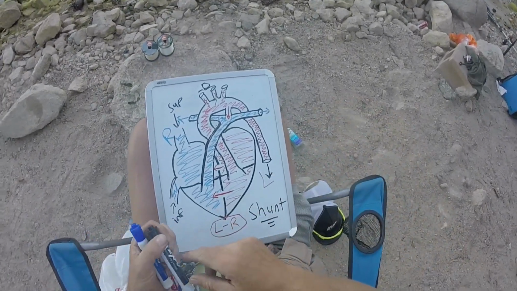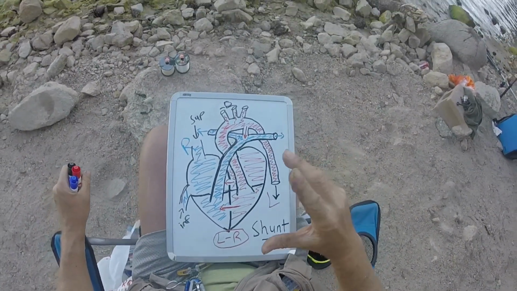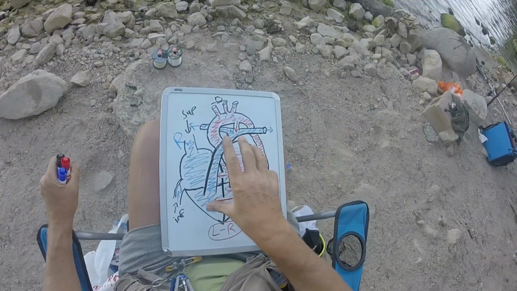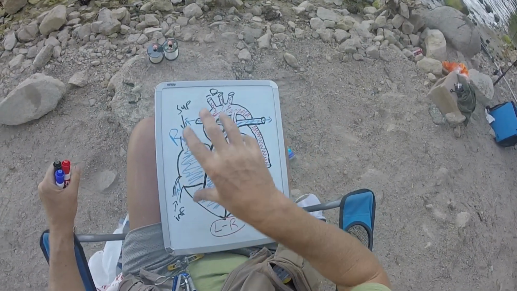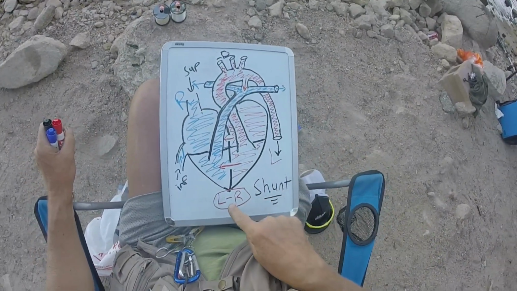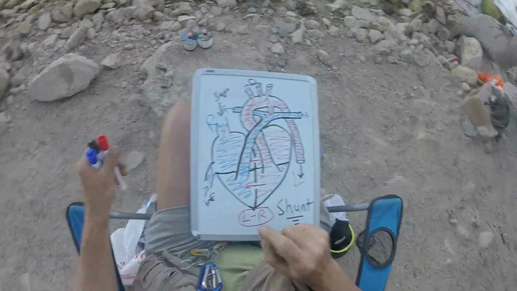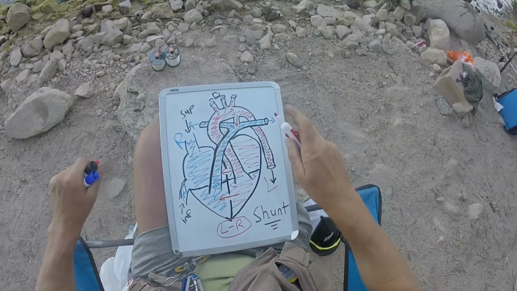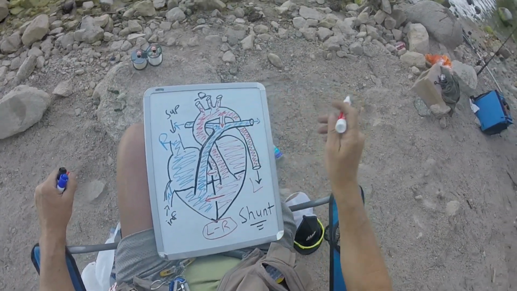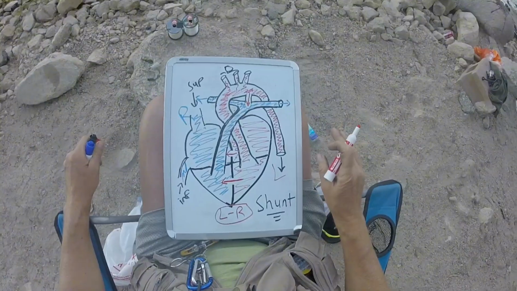So what does that mean? The first question to ask is, if we have a left to right shunt in any of these places, are we going to send deoxygenated blood out to the body? And the answer to that is no, we're not.